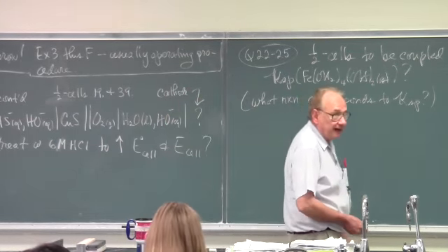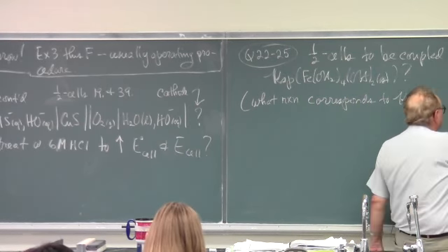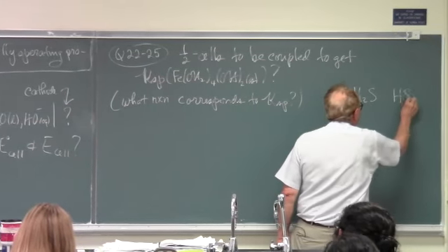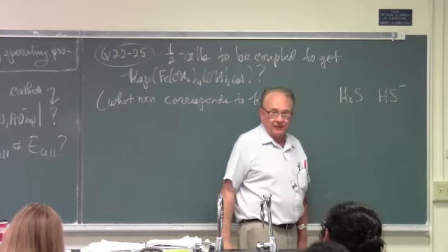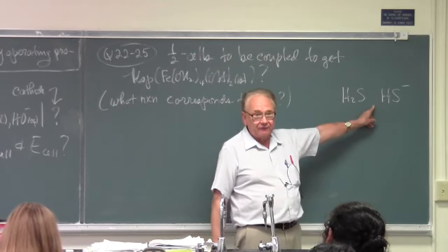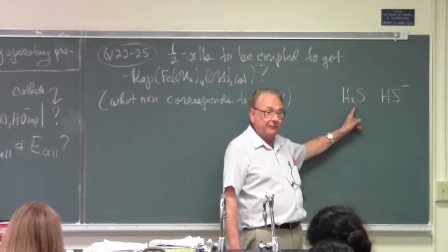You need to get sulfide ion to make copper sulfide. Acidic system, I'll have H2S. Basic system, HS minus. Clearly this is a better source of sulfide ion. If nothing else, you only got to break one bond here, and sulfide ion's available. Here you got to break 2.